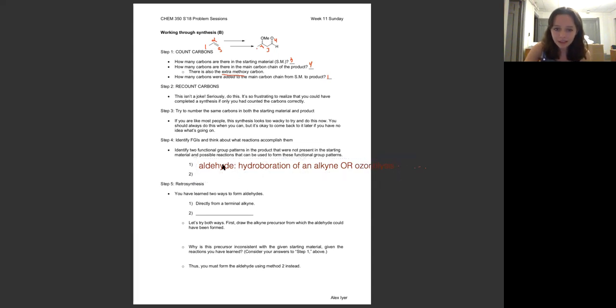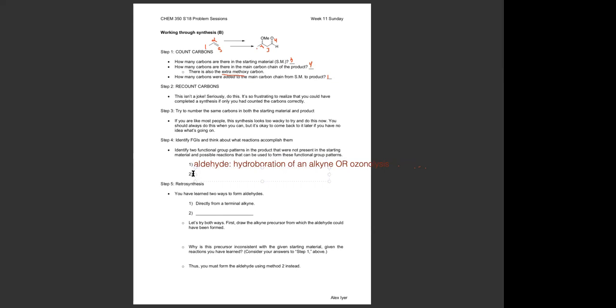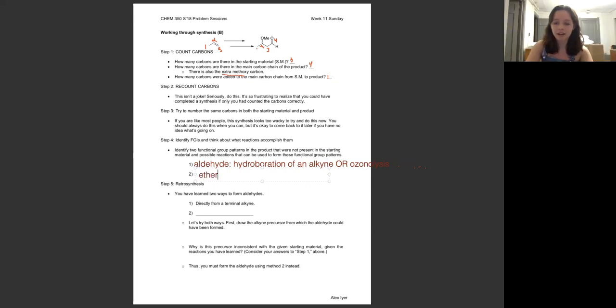All right, and what is another functional group that we're seeing in the product but not the starting material? The ether. Yeah, exactly. So we're getting an ether.